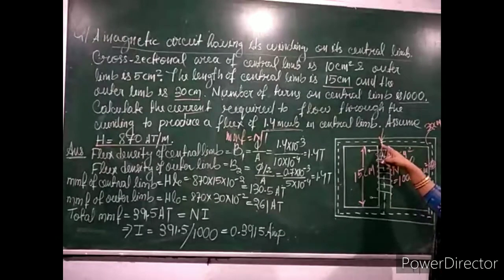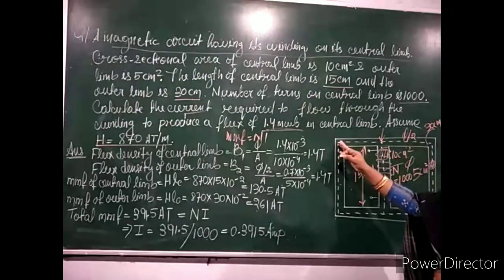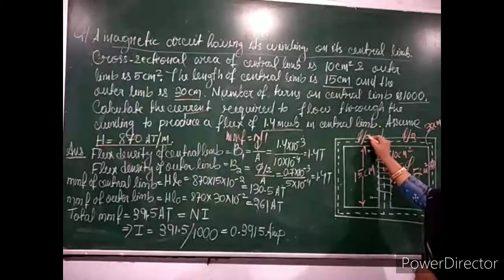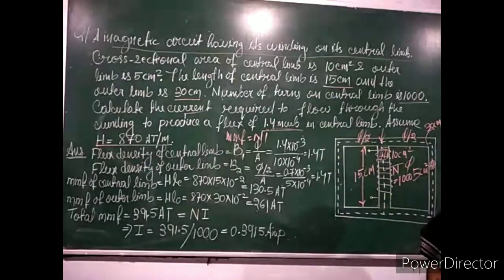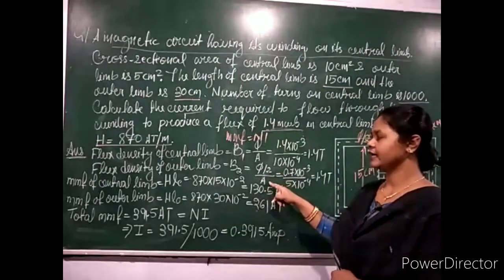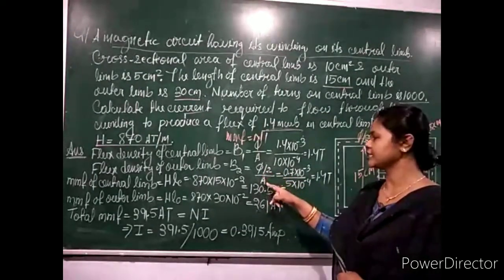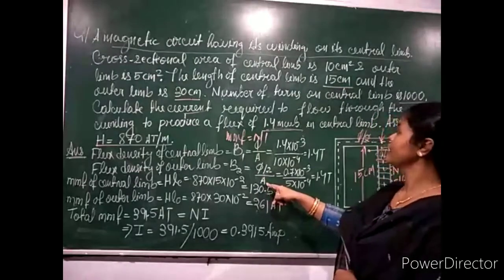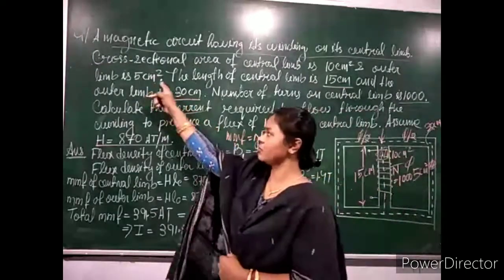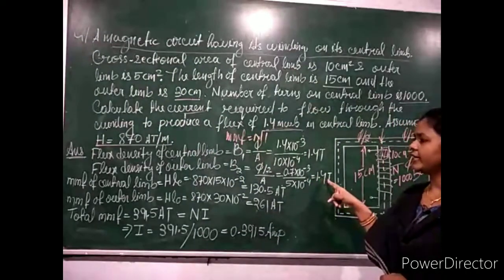One part flows through this path and its value is phi by 2, that is half of the total flux, and in this path also the flux is half of the total flux. So here I write phi by 2 by A. After putting the value of flux and cross-sectional area of the outer limb, that is 5 centimeter square, you get the answer as 1.4 Tesla.